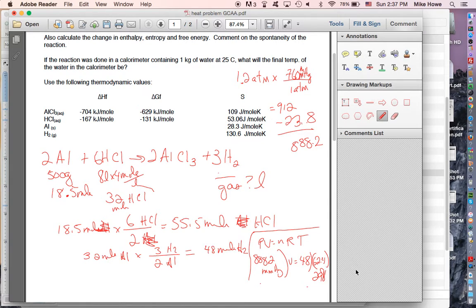All right, equals, and then I'm going to divide that by 888.2, and I get 1005 liters. So V equals 1005 liters. I'm going to stop there for that part of the problem, double check all my math, and then we'll come back for part 2.